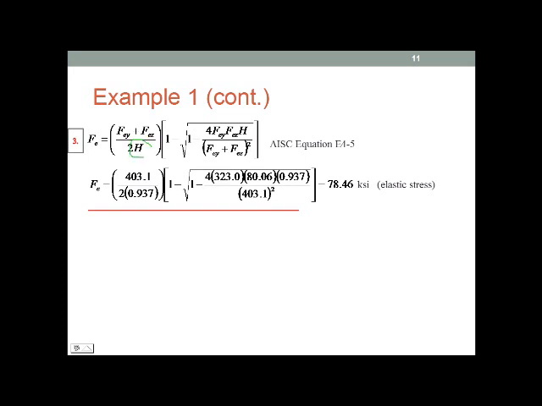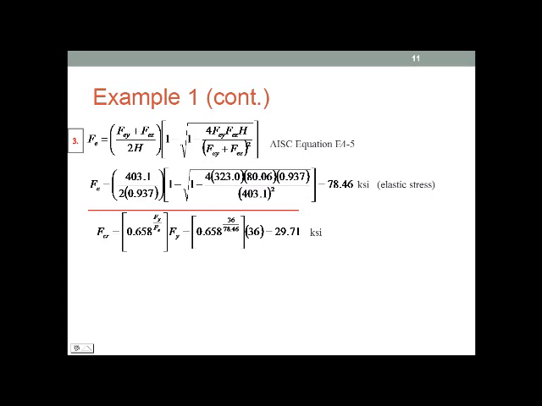The term H found in equation E4-5 can be taken directly from the Steel Construction Manual. Notice that the resistance is a combination of flexural buckling resistance and torsional buckling resistance.